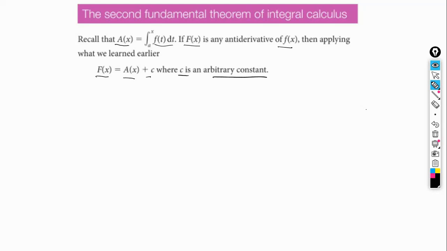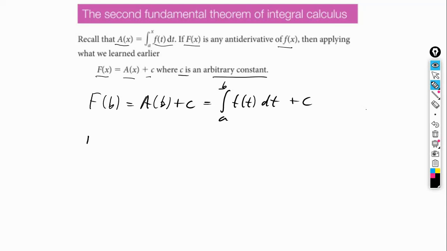So what happens if we do A of b, right? Well, we can say that capital F of b is equal to A of b plus c. And this is the same as saying the integral from a to b of f of t dt plus c. Notice that all we're doing is substituting x with b in the area function.